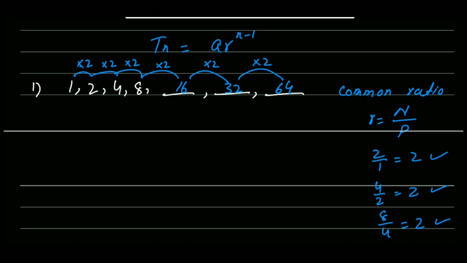So if the question is asking to find the nth term of this sequence, Tn is equal to a, a is 1, r is 2, and raised to power n minus 1 will remain as it is, n minus 1.